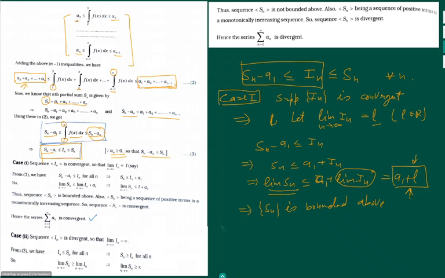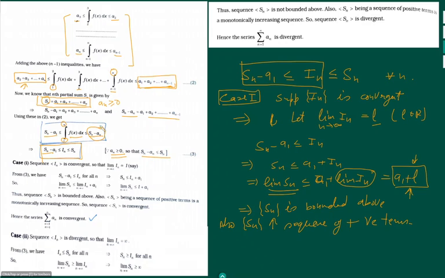Also, Sn is a monotonically increasing sequence of non-negative terms. Sn is a1 plus a2 plus a3 plus ... plus an, and all the an are greater than or equal to 0.